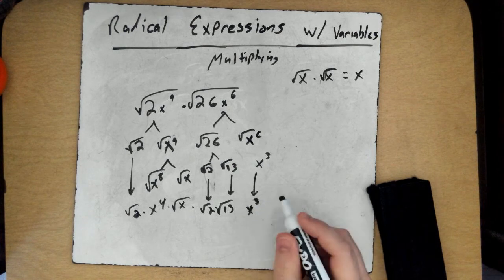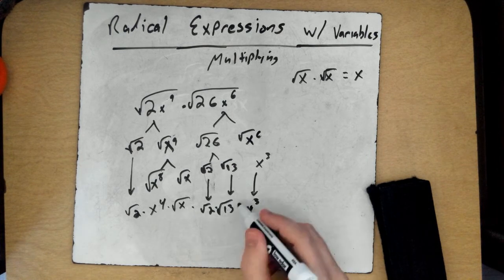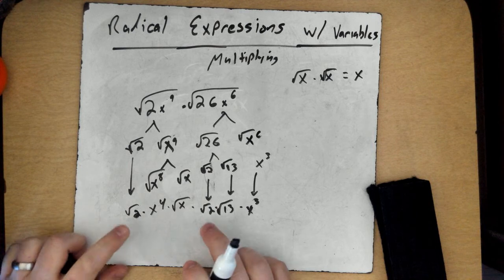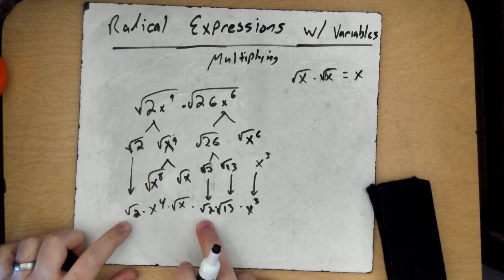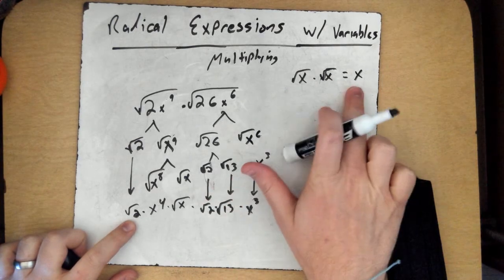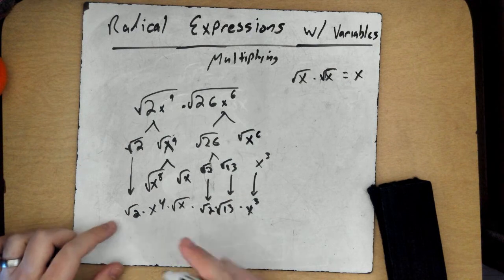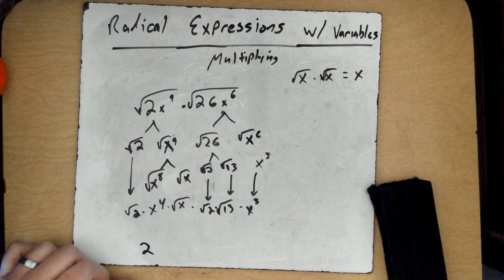Okay? Now, everything has been broken down as much as we can. Now it's time to put it all together. Okay? So let's look for numbers or letters that have the same thing under radicals. We have it right here with our square roots of 2, right? Remember, we multiply those together, it stays as that number. So square root of 2 times the square root of 2 gets us 2. Okay?